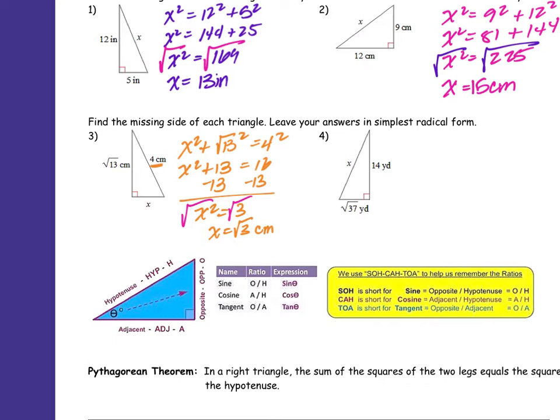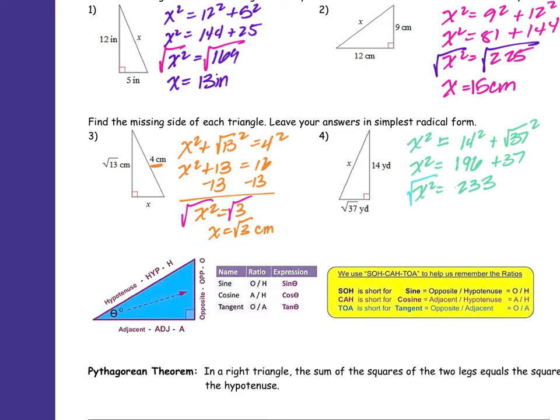And then the last one, my hypotenuse is x, so I've got x squared equals 14 squared plus the square root of 37 squared. So x squared is going to equal 196 plus 37. X squared is going to equal 233.